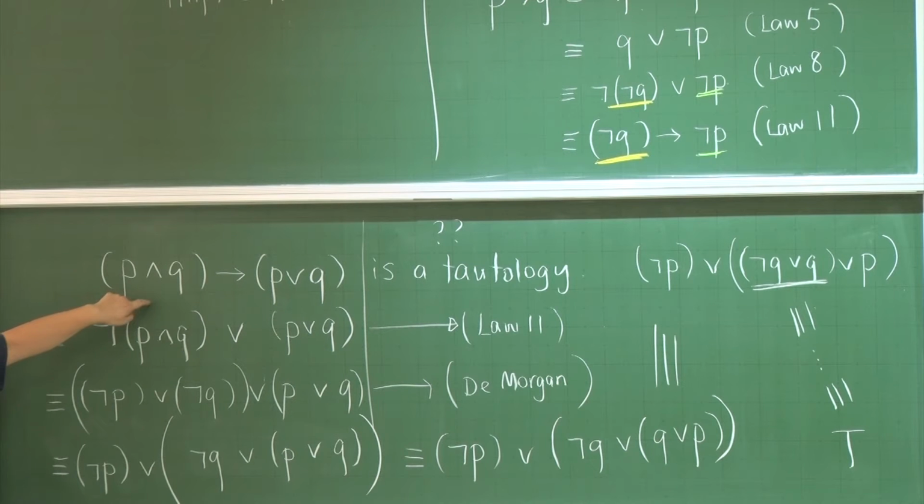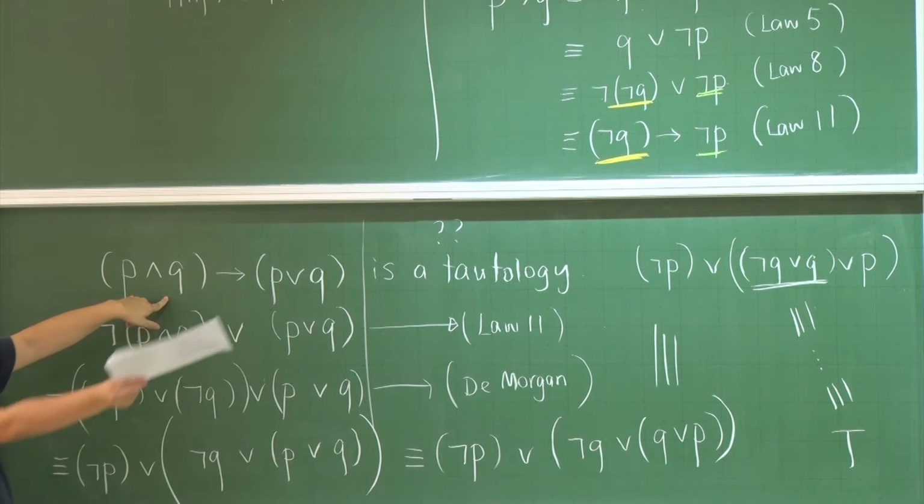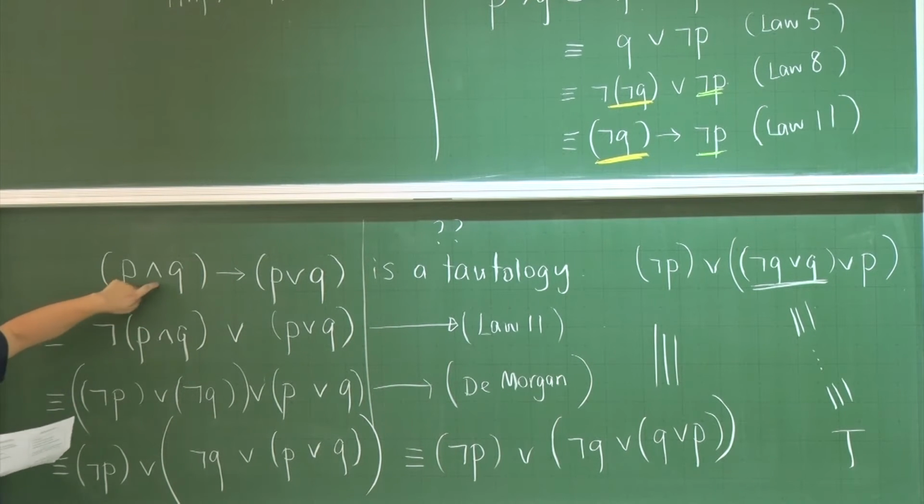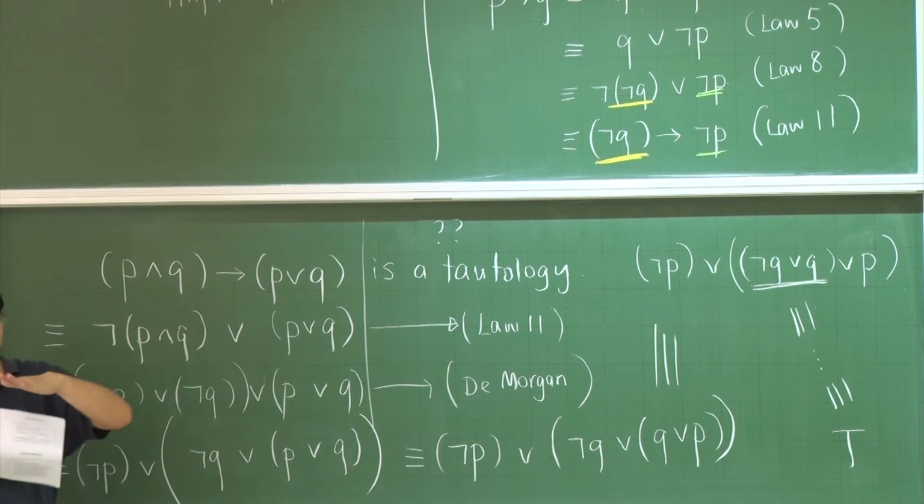For instance, if you look at it, we want to show that it is always true. So first of all, we don't care about the case where P and Q give us false, because if P and Q is false, we will get a true in the end. Does that make sense? So the only case that we need to care about is when P and Q together will give us a true.